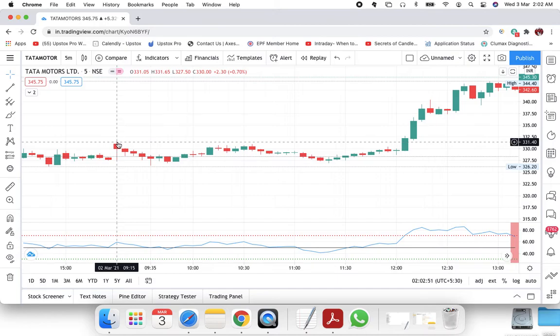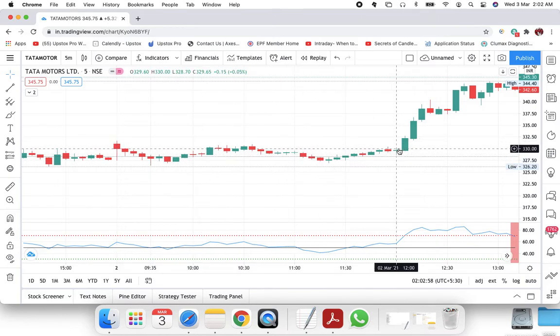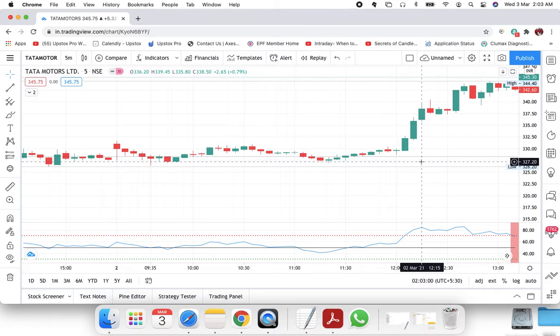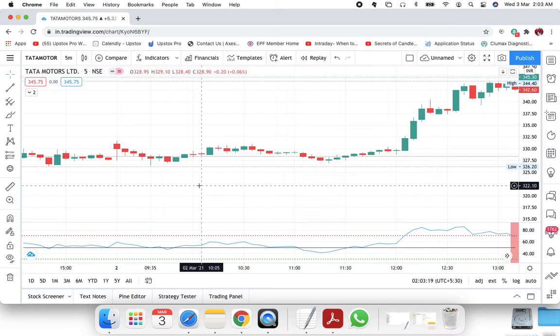So in order to trade in this kind of range market, we should use the technique called ORB, that is open range breakout.